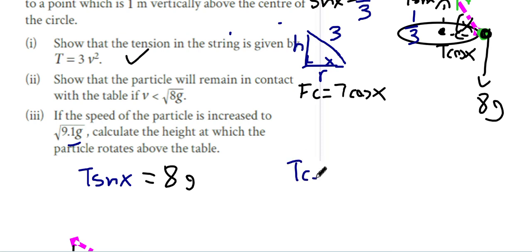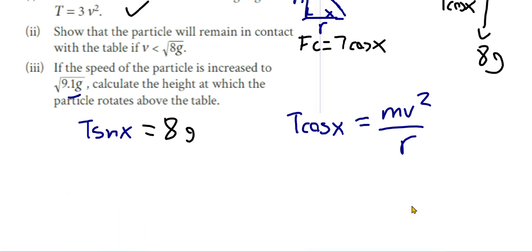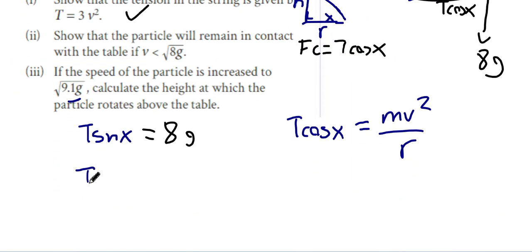And here is t cos x equals what? mv squared over r. Okay. And what I'm going to do is I'm going to isolate t on both equations. Why will I isolate t on both equations? Can anybody tell me? I can use them against each other, can't I? So actually, before I do that, we'll change sine x. What's sine x equal to again? H over 3.